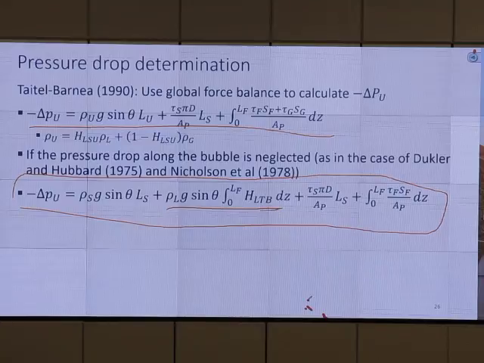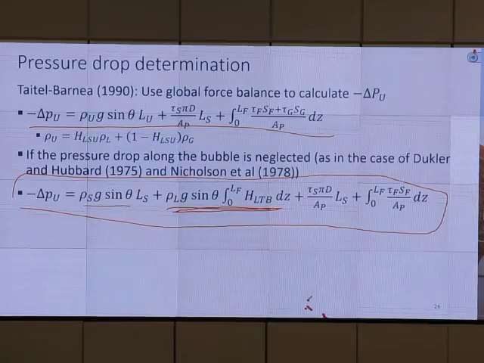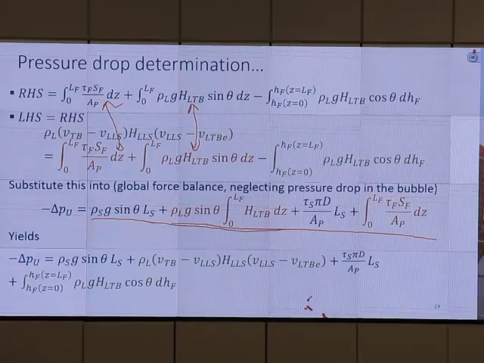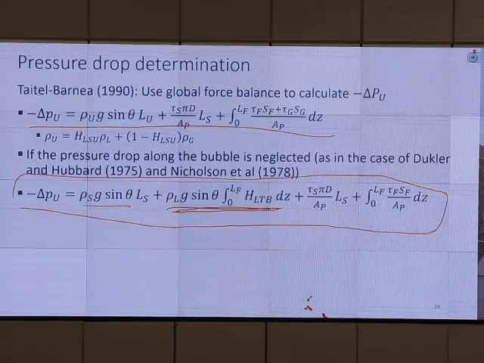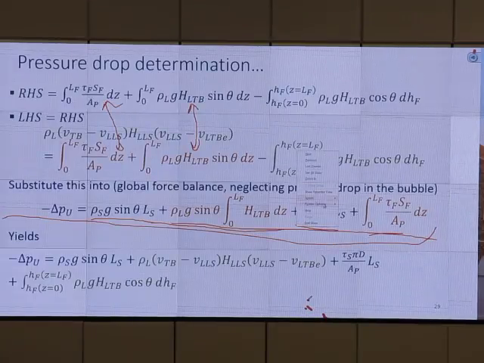I have this term, the second term, rho g sin theta HRTB, and I have rho g sin theta HRTB. So the brown term, this just copy, right? The first term is that one, just copy. Next term, tau s and LF, I just copy it down. So this equation is the global force balance.